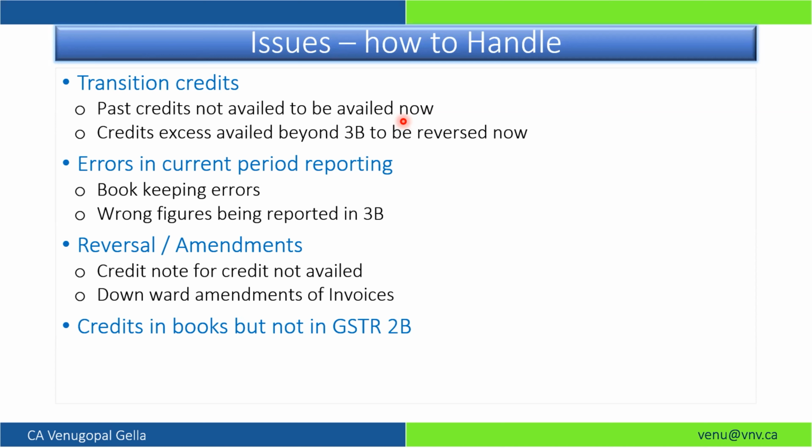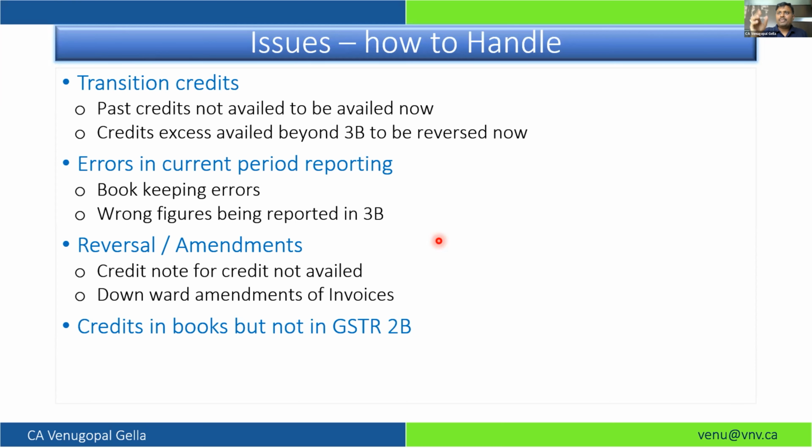Sir, now 2B will be auto-populated, and should we not make any changes in respect of imports, RCM credit and any other ITC? Any adjustment has to be done in 4B1 and 4B2? No. Rule 36 sub rule 4 talks only about your 4A5.